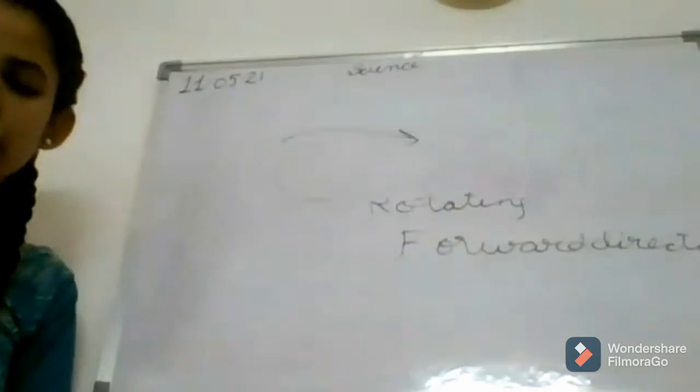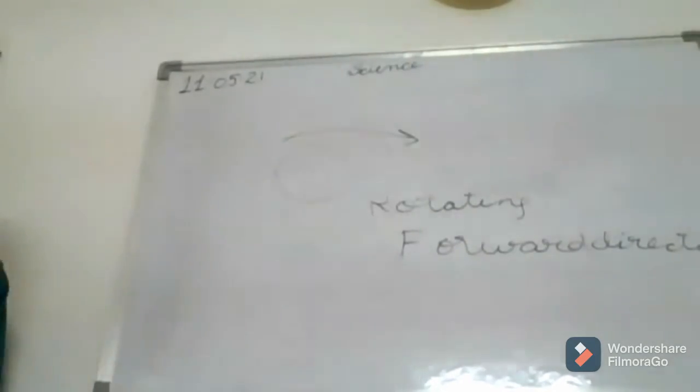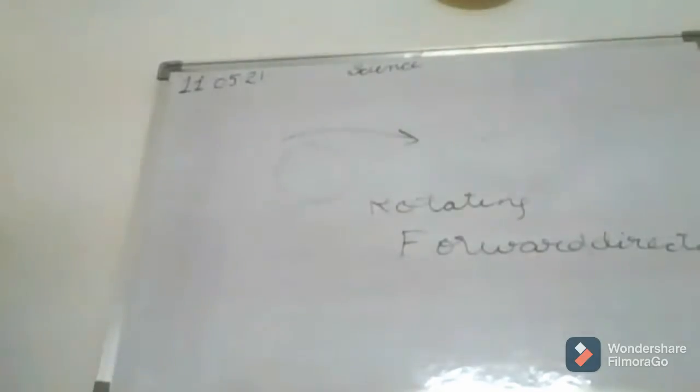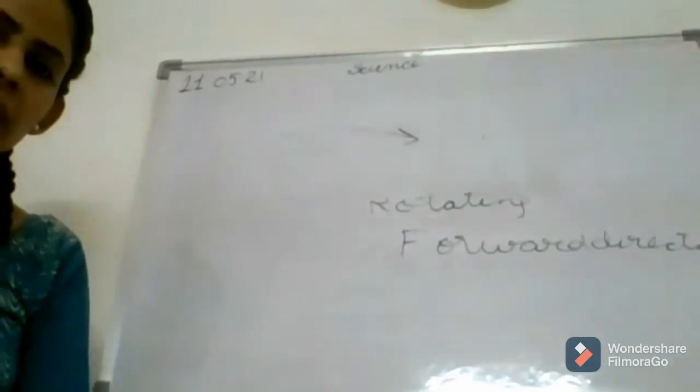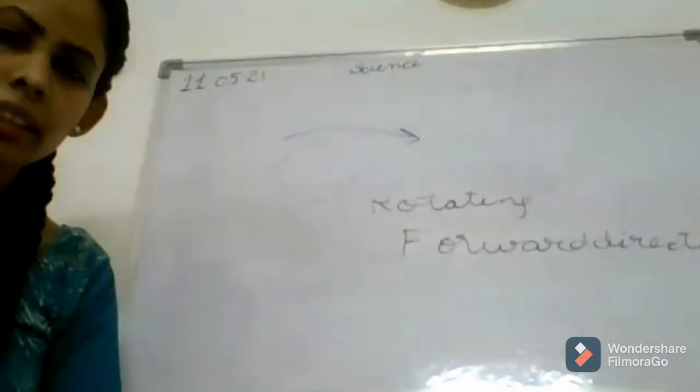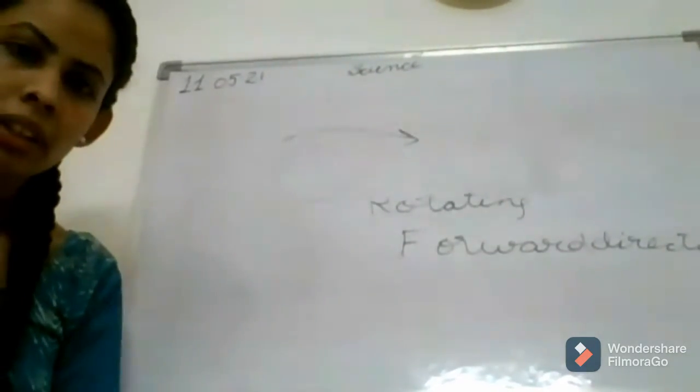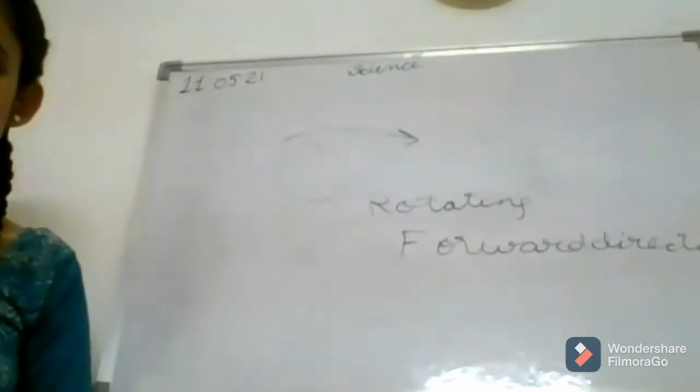Next is, therefore, can you think of other examples where the object undergoes a combination of different types of motions? You see here, there is rotating motion. Can you give an example if there is any combination? That means there are two types of motion. Yes, Anishka?